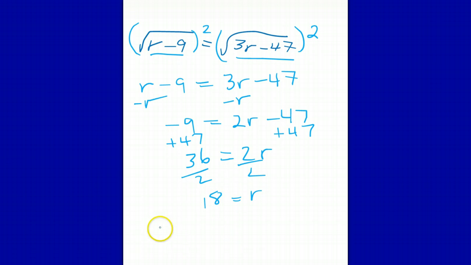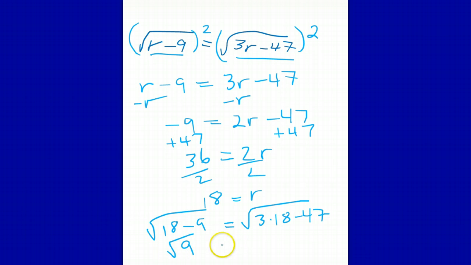So I put that in the calculator, see if I'm right. Okay, so it'll be the square root of 18 minus 9. Is that the same as the square root of 3 times 18 minus 47? Well, this is the square root of 9. So hopefully if I do this, this gives me what, 54? No, 54?